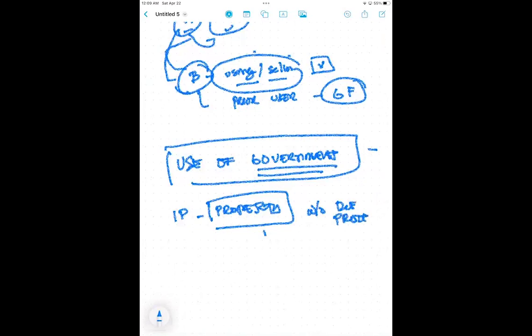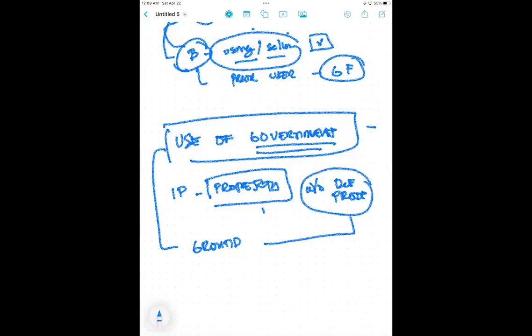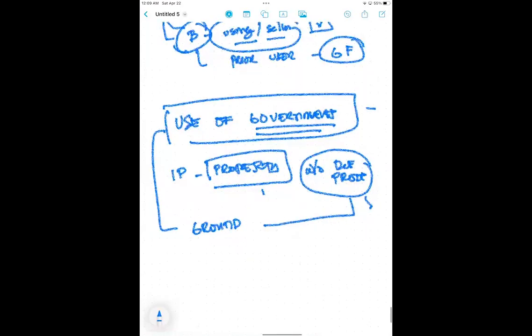So in short, even if it's the government that will use the patent, there must be sufficient ground. At ano yung importance ng ground na to? Kasi pag walang valid ground, then this is a violation of the substantive right to due process of the patent owner. So dapat may valid ground.